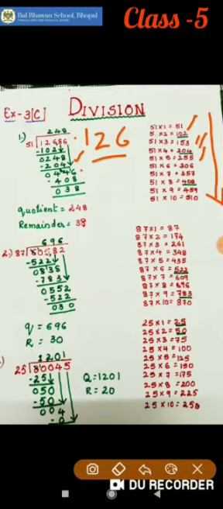The answer is 8. 8 is 408 because 9 is 459, which is greater. We cannot subtract it. So we will subtract 408 from 446 and the remainder has come to 38. So our quotient is 248 and our remainder is 38.